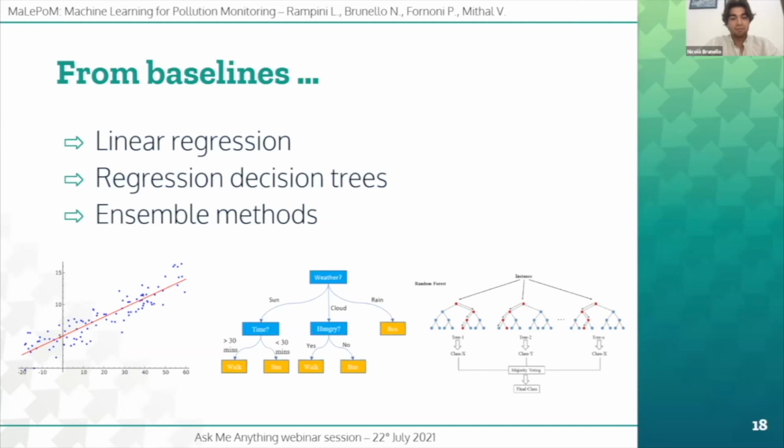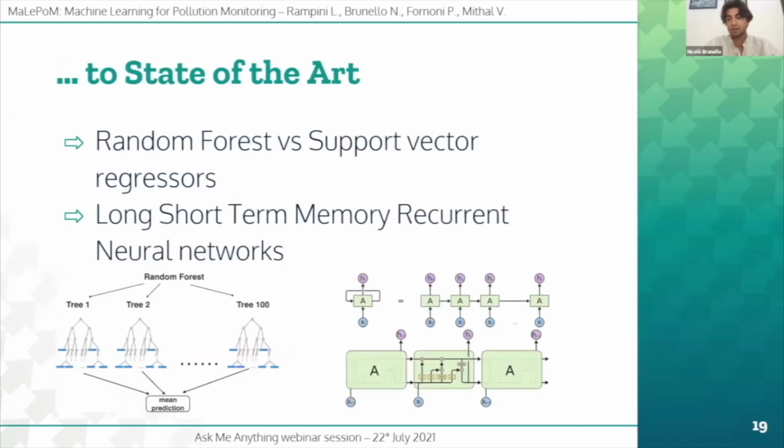Once we have a good set of features, we then go to the state-of-the-art approaches. By looking at the online literature, we see that random forest and support vector regression are two types of algorithms which exploit a regression model in order to capture non-linear variability of the input.